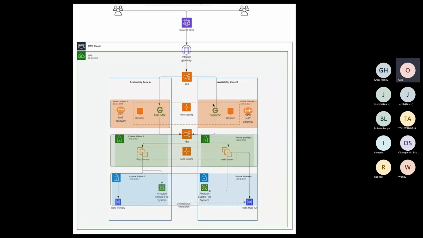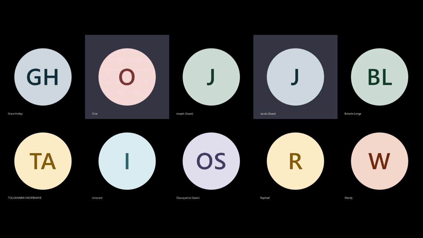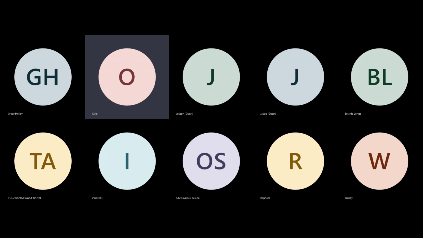I assigned the pink one, which we'll start with, to, I think, Wendy. Because we're going to create the VPC now, I want her to quickly go ahead and tell us what resources are there so we can start.